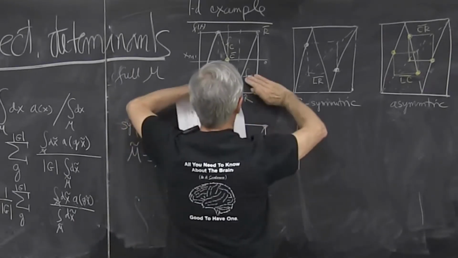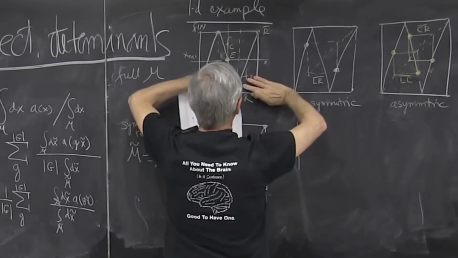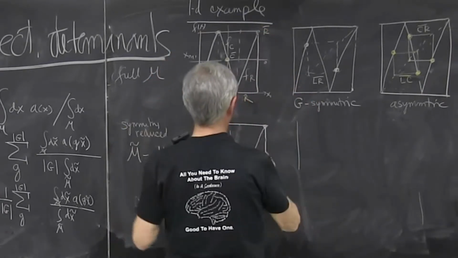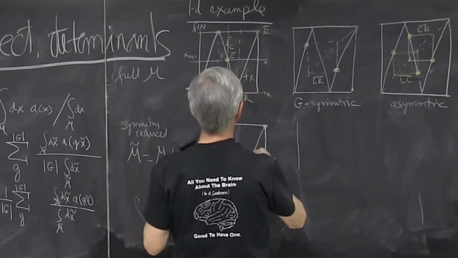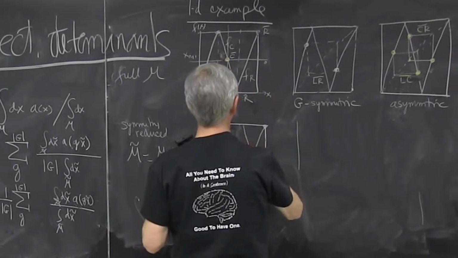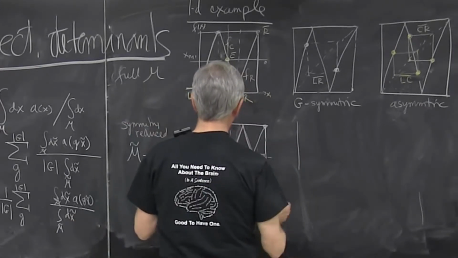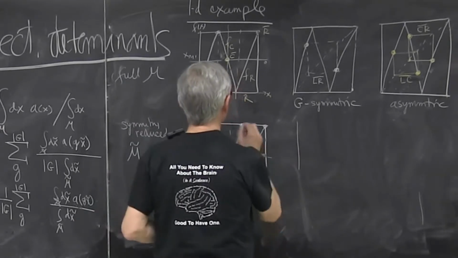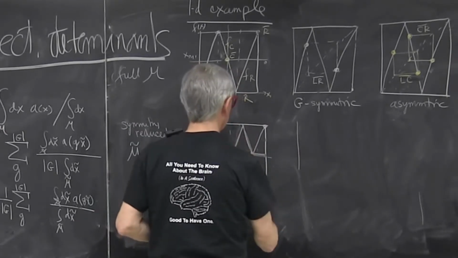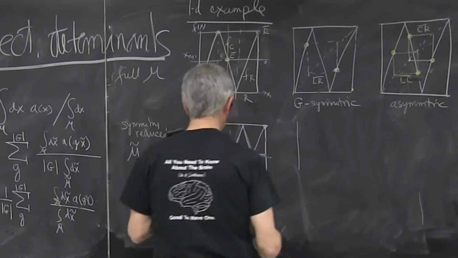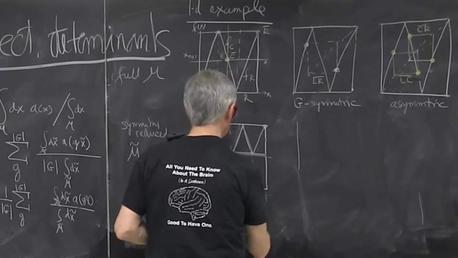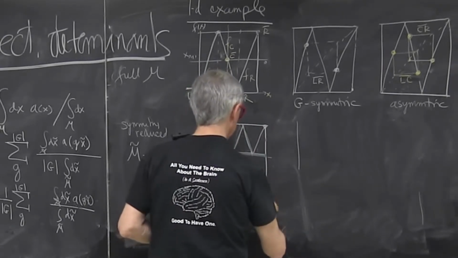So the group symmetry reduction says I should replace this by a reflected interval. So I should replace this by this. And let me give them new names. Let me call these intervals 0, 1, and 2.